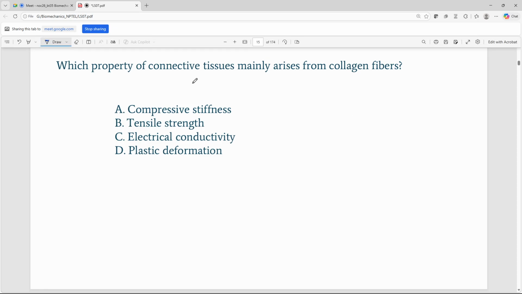Which property of the connective tissue mainly arises from collagen fibers? Is it compressive stiffness or tensile strength or electrical conductivity? D, plastic deformation.